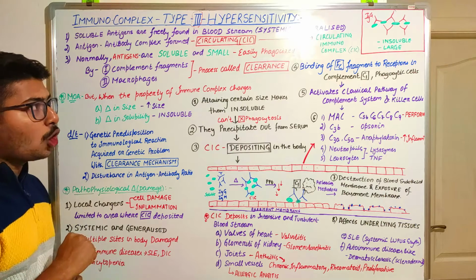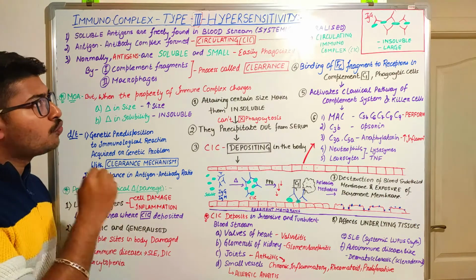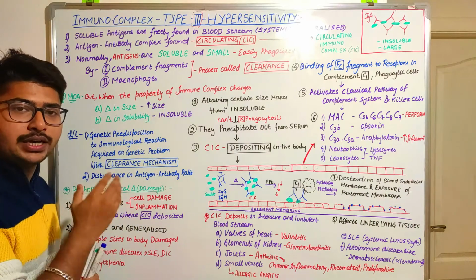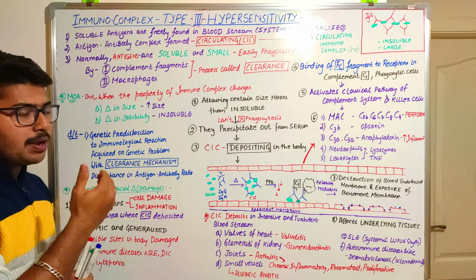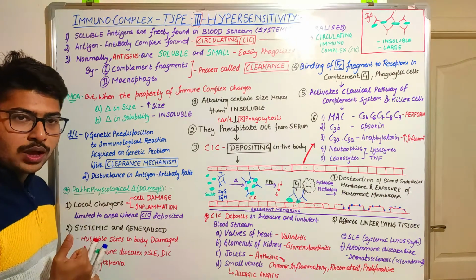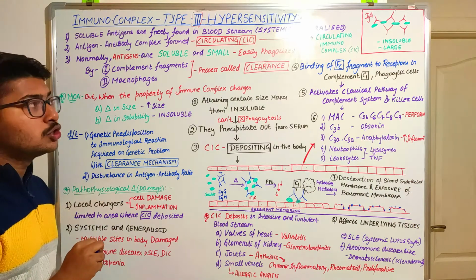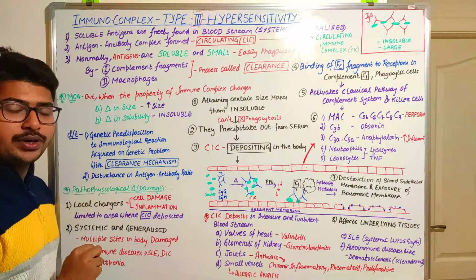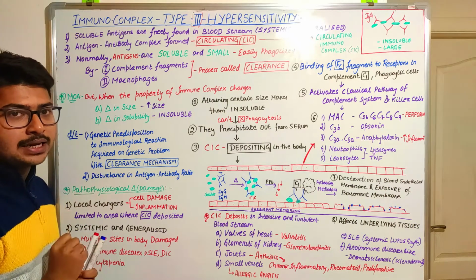First we are going to talk about the differential characteristics through which we can differentiate between type 2 and type 3 hypersensitivity. In my previous video I have already explained what type 2 is, and from that I want to specify some terms through which we can differentiate between type 2 and type 3. The first one is the antigen.